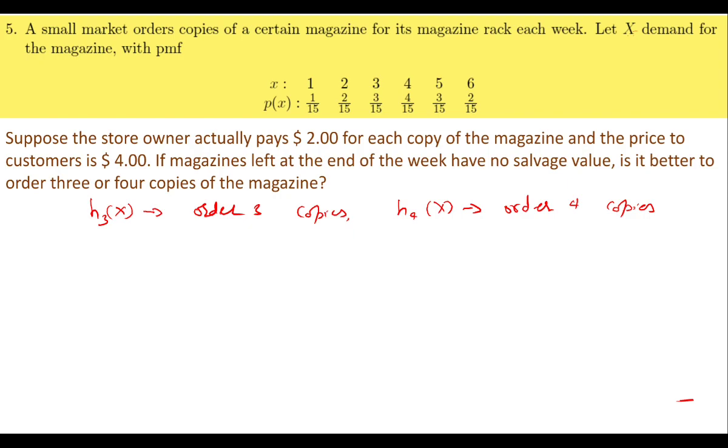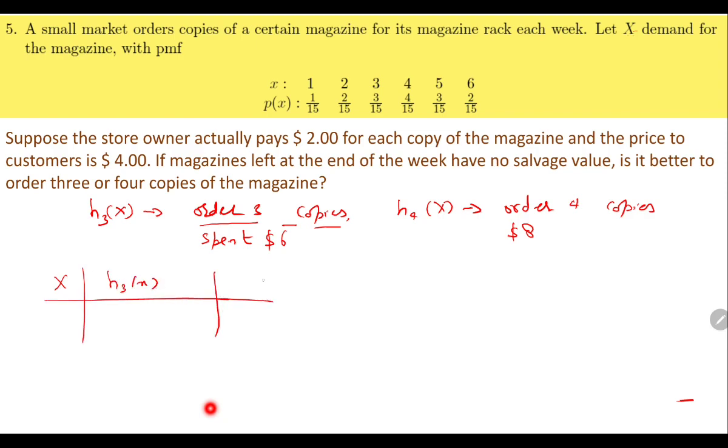When he orders 3 copies, he spends $6, and in this case he spends $8. Depending on the values of x, you can compute h3(x) and h4(x). When there is a demand of one copy, he gets $4 from the customer and has spent $6, so there would be a loss of -2, and here there would be a loss of -4.